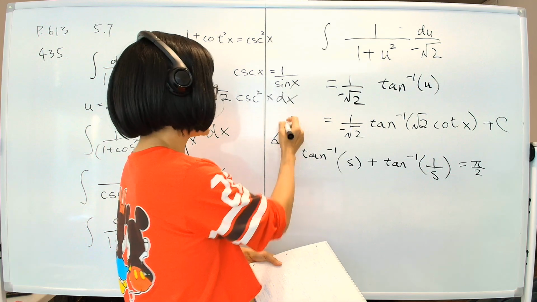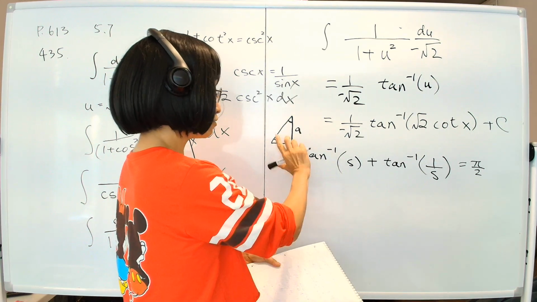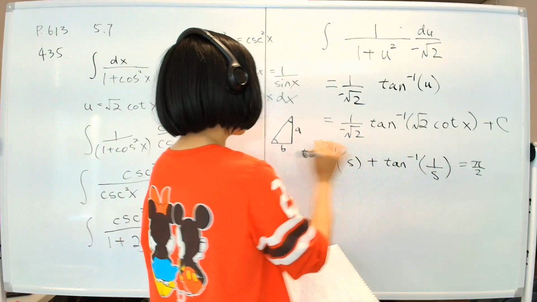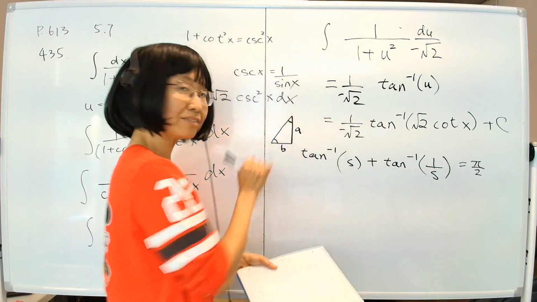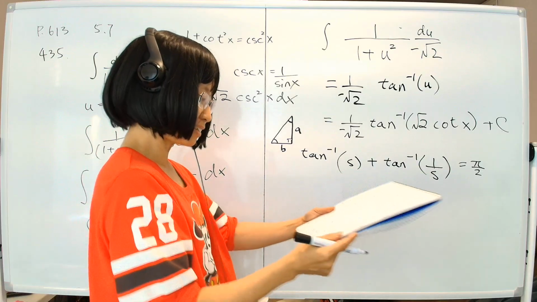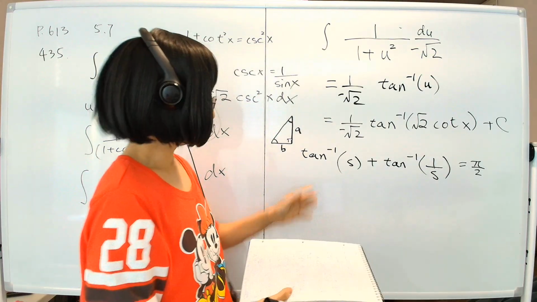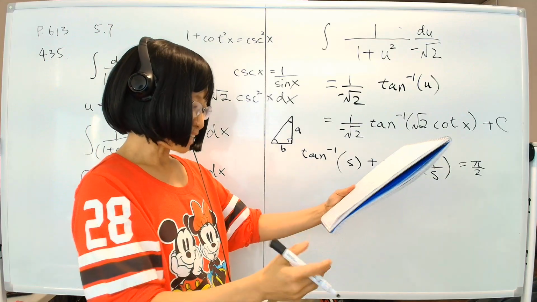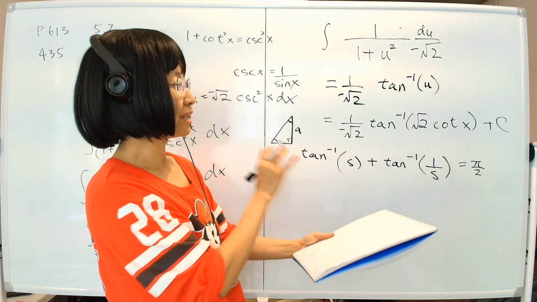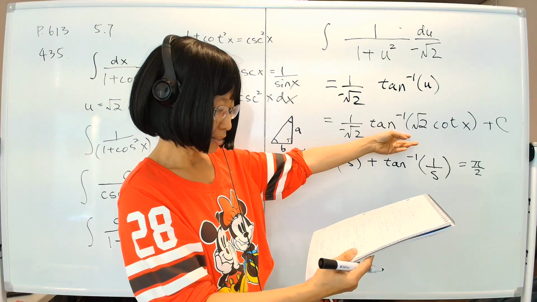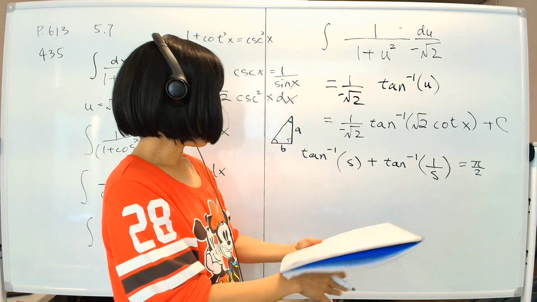And if tangent inverse of flipping a over b is b over a, that's 1 over s, that is the other angle, and these two angles add up to be 90 degrees. That's all. So this is a regular truth that normally nobody cares about. But anyway, now if we apply this situation in here, we can get something out of it.